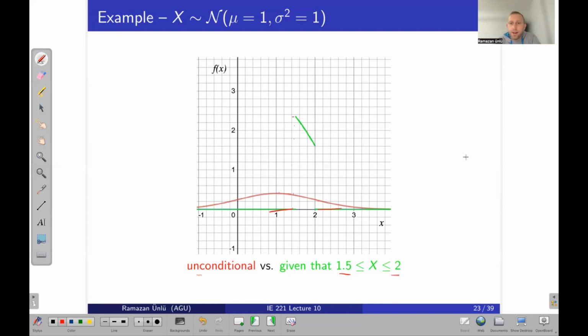As I said, let's say I have some events. I have randomly selected a point from this one: 1, 2, 3, 4, 5, and 6. And guess what I selected?